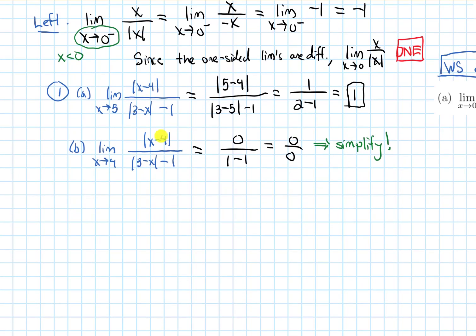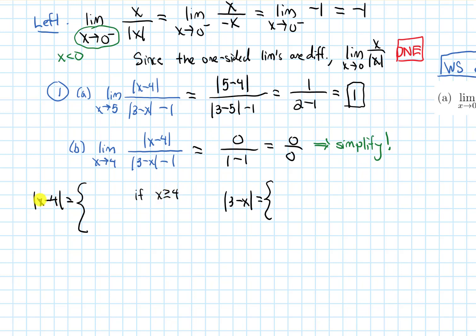So look, this time we have 2 absolute values. Let's write both of them as piecewise functions. So let's do it for absolute value of x minus 4, that as a piecewise function. And then we'll do it for the absolute value of 3 minus x, and write that as a piecewise function. So for x minus 4, let's think about what would need to happen for the inside to be non-negative. x would have to be greater than or equal to 4.